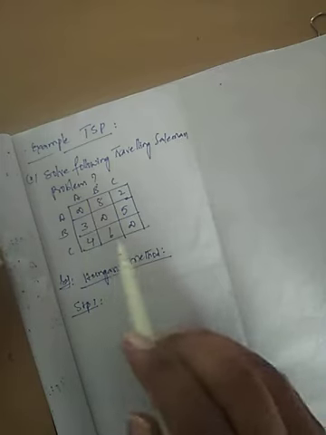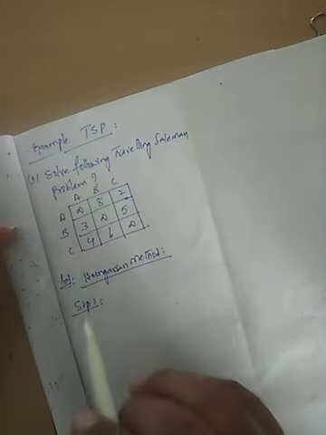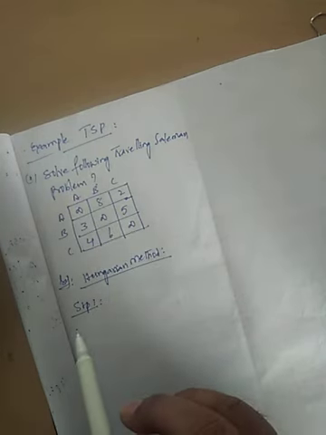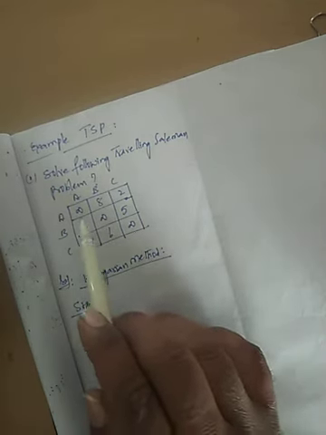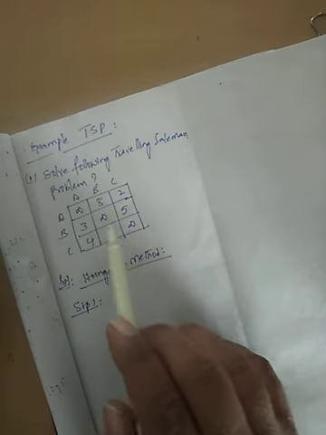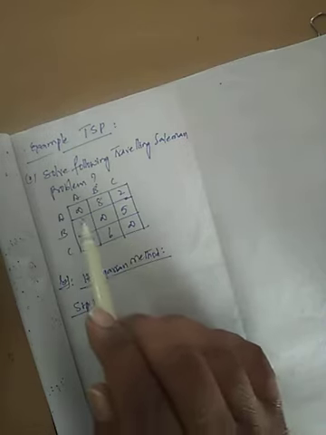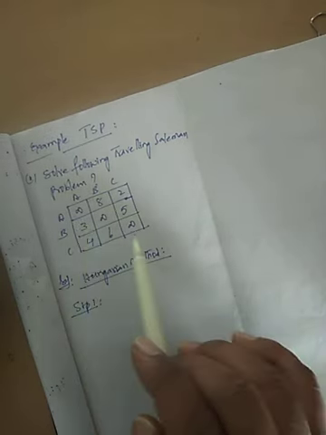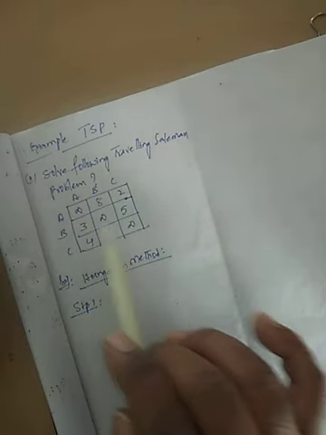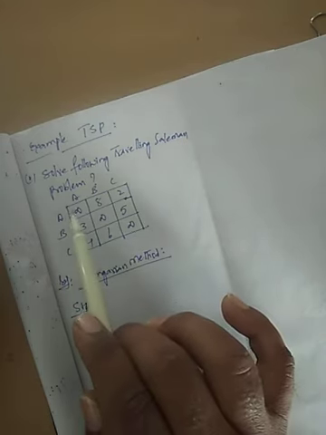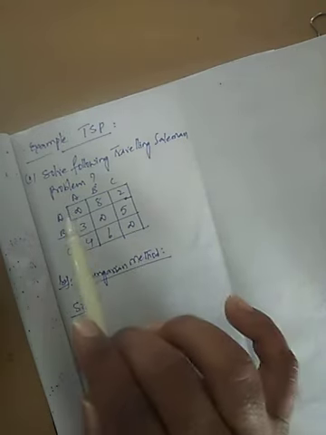So this is a very common and easy way to identify whether the problem is a TSP, a traveling salesman problem, or not. How can you identify? If all diagonal elements are restricted. Restricted in the sense that they may use infinite symbols, hyphens, asterisk marks, different notations. What I mean to say is, on the diagonal side, if no values are there, this is called the main diagonal, from left hand to right hand side, down.